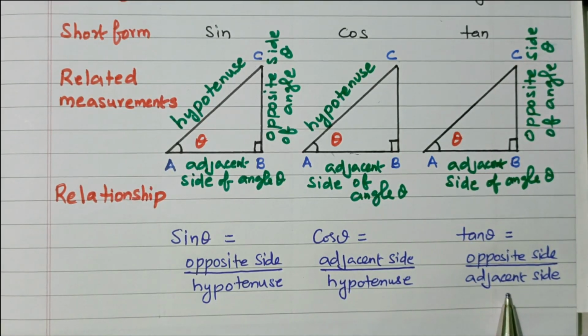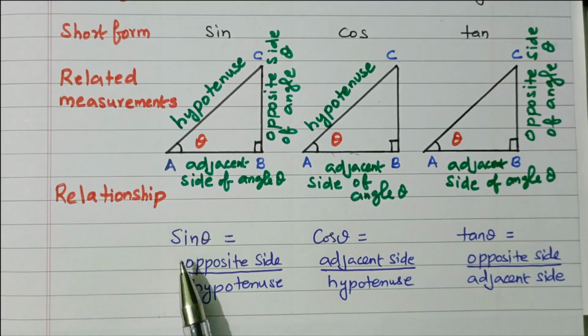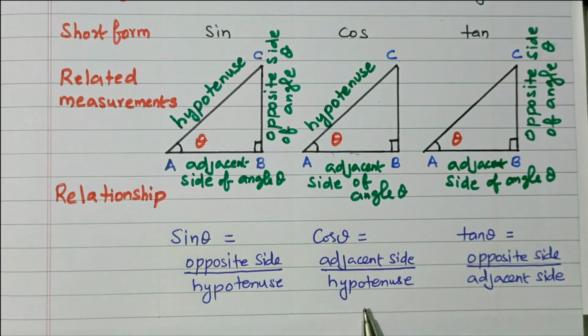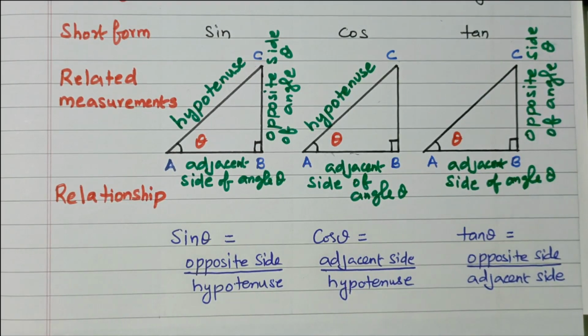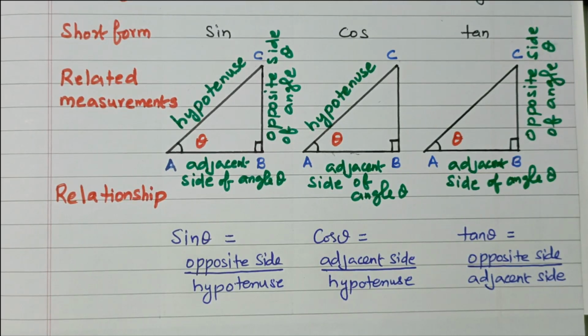From these we have many other formulas available. Sin theta equals opposite side by hypotenuse, cos theta equals adjacent side by hypotenuse, and tan theta equals opposite side by adjacent side. So in this video we discussed the introduction to trigonometry. From the three triangles we observed that if the angles are equal in a right angle triangle, the ratio of opposite side by adjacent side will be the same.